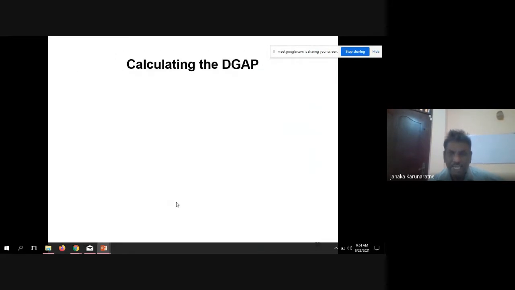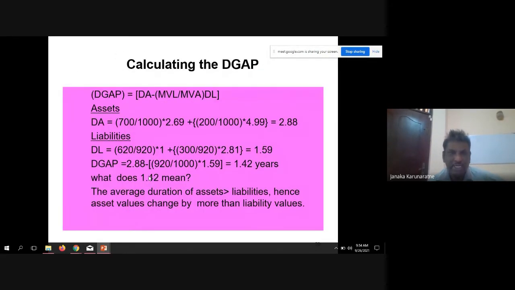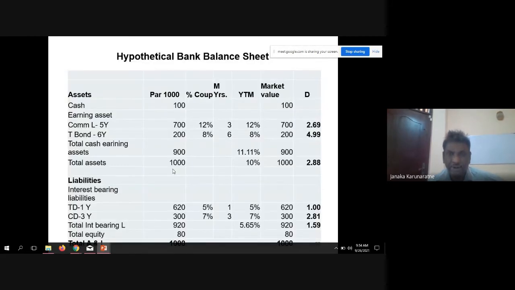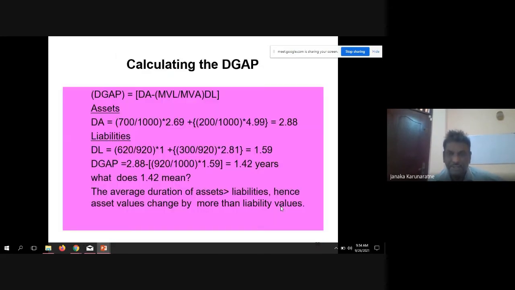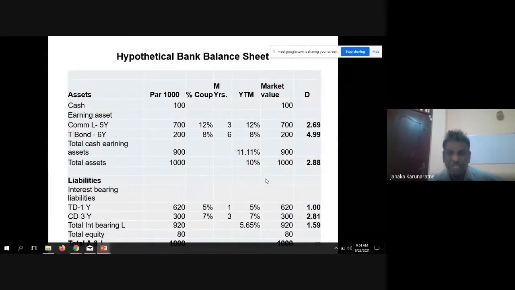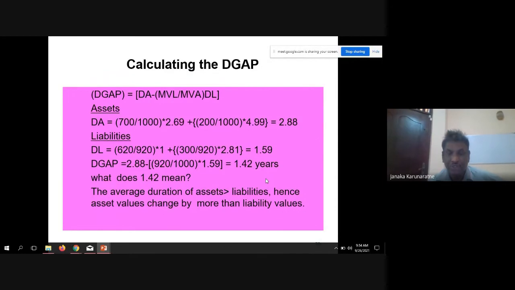Okay, so DA is 2.88 minus k DL. k is what? k means L over A. L 920, A 1000 times 1.59 DL. So the duration gap of this particular balance sheet is 1.42 years. So this is the measure we are looking for in managing interest rate.